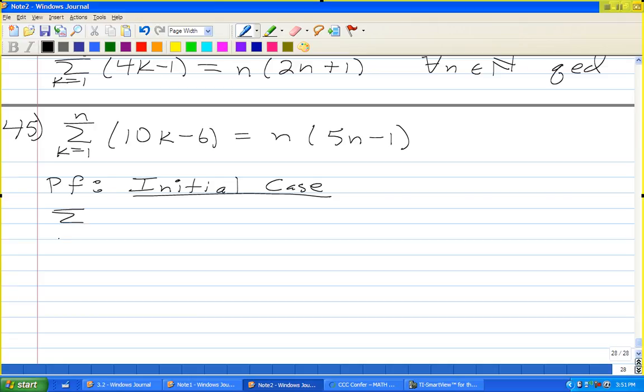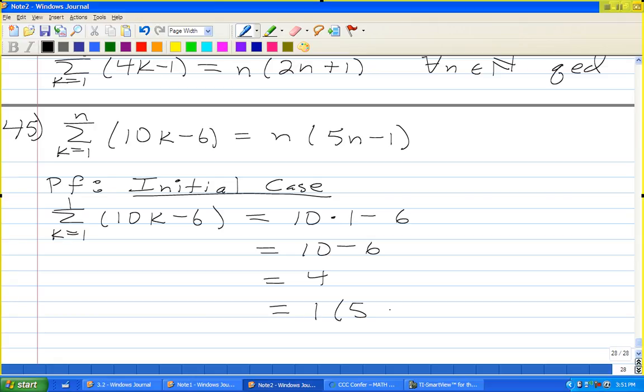Let's find the sum, k equaling 1 to 1 of 10k minus 6. So this is just 10 times 1 minus 6, which is 10 minus 6, which is 4. I can write 4 as 1 times 4, which is 5 minus 1, and 5 times 1 is 5.